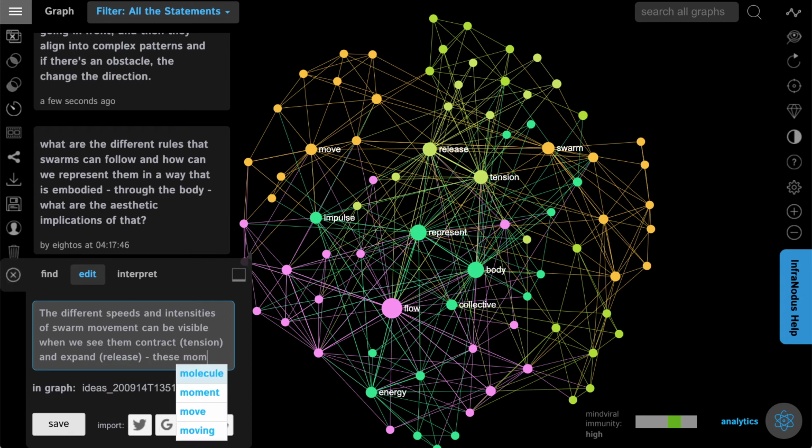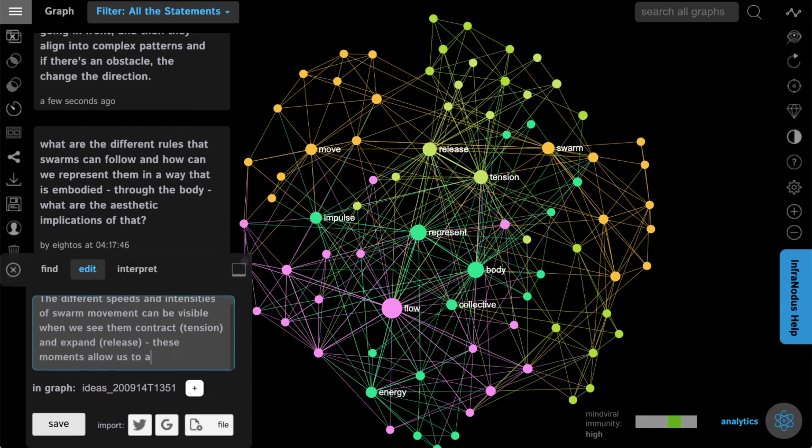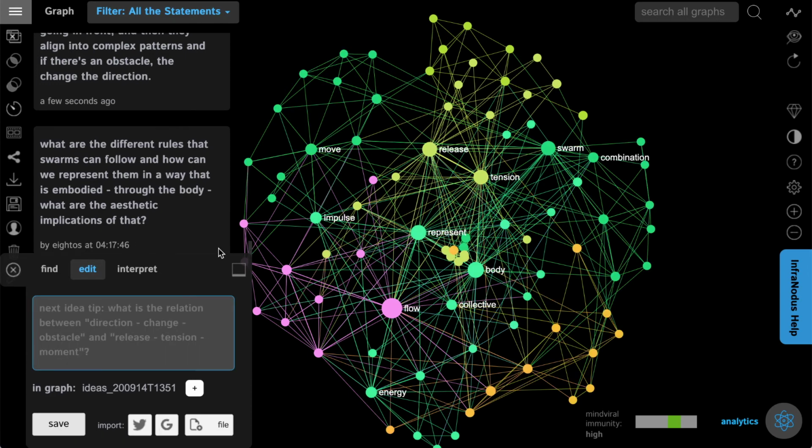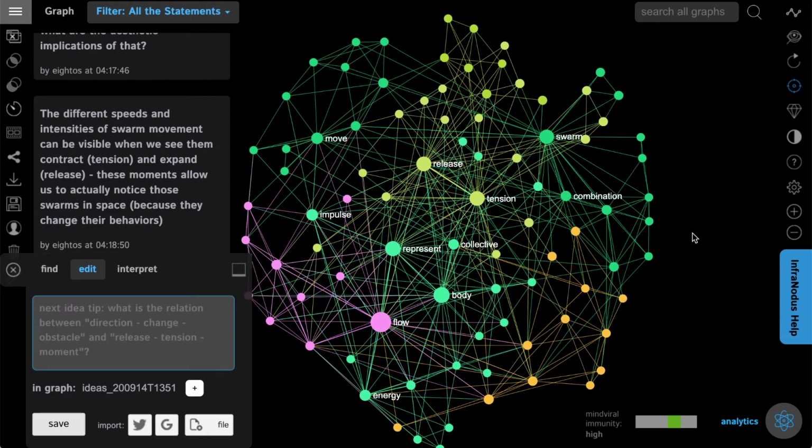These moments allow us to actually notice those swarms in space, because they change their behaviors. Okay, add this, so it becomes more diverse.